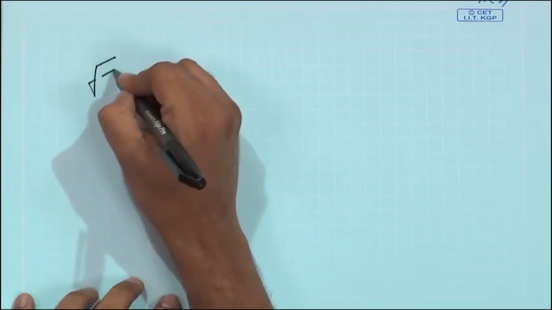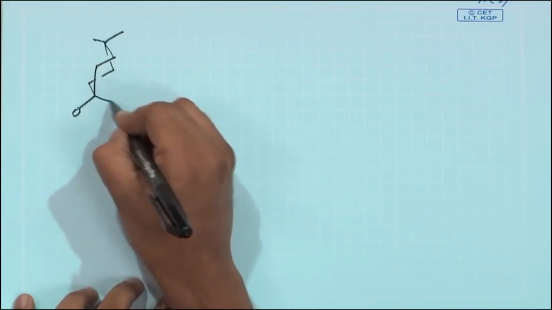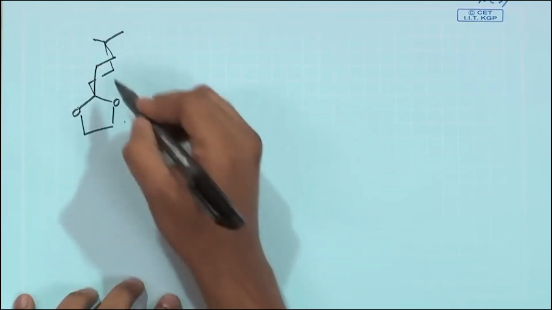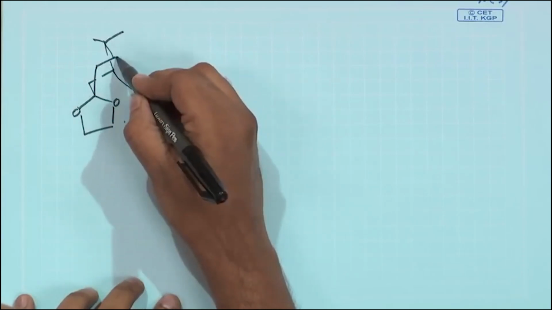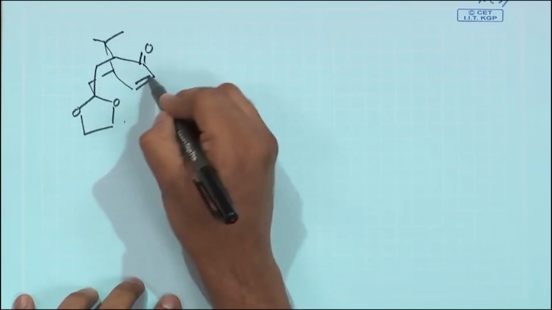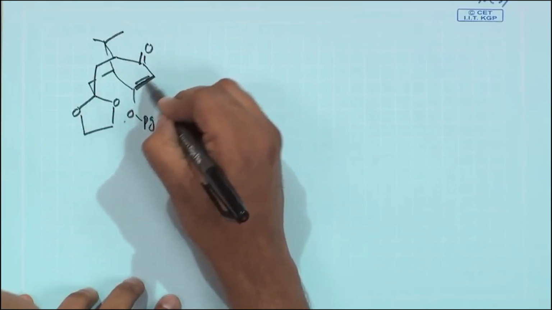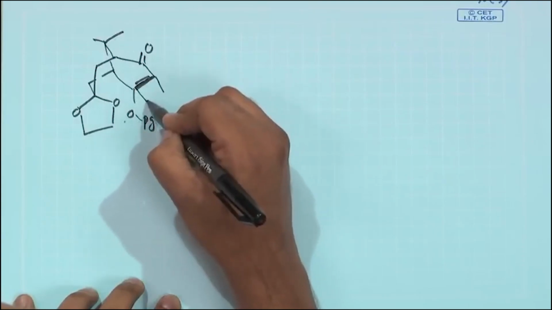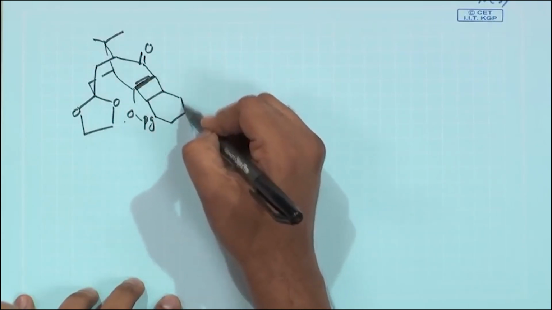So, next we will try to draw the structural part again. So, your bridge structure is there, and then you will be having this C double bond 2 and this OPG is definitely there, but now this 2+2 reaction will give you a 4 member ring and this 6 member ring is there.